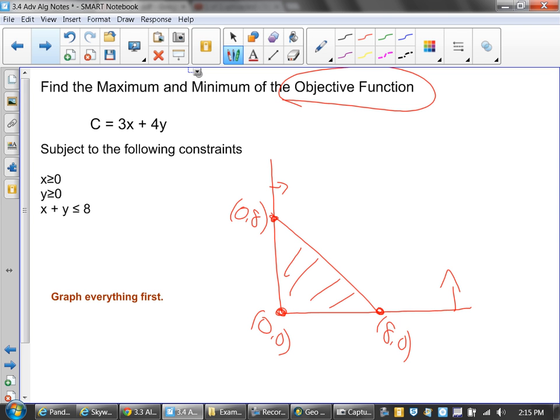So does everybody agree that right now I have 3 ordered pairs where it changes direction? 0, 0, 8, 0, and 0, 8. It doesn't matter which order I check these in, but I'm going to use this objective function with the ordered pairs 0, 8, 0, 0, and 8, 0.